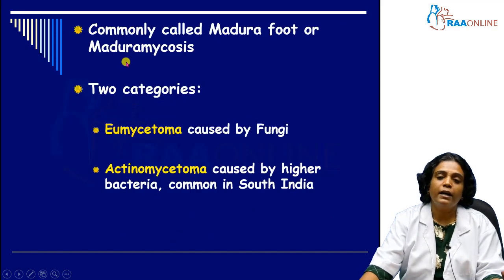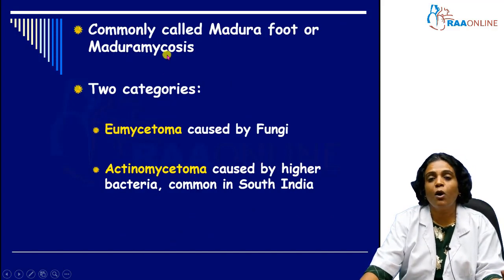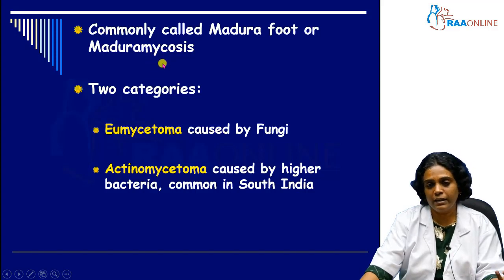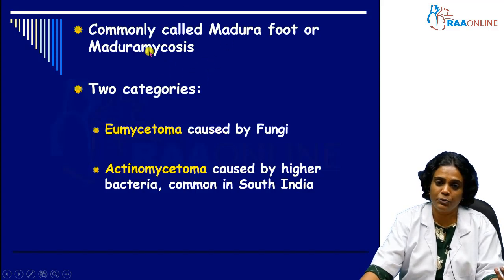So this infection was commonly called as Madura foot or Madura mycosis because this infection was first described in Madurai and hence called Madura foot or Madura mycosis. John Gill was a person who first described this infection in Madurai.